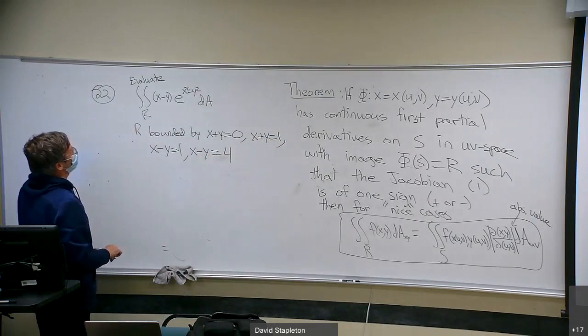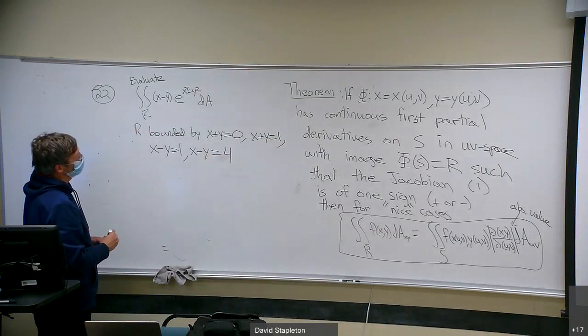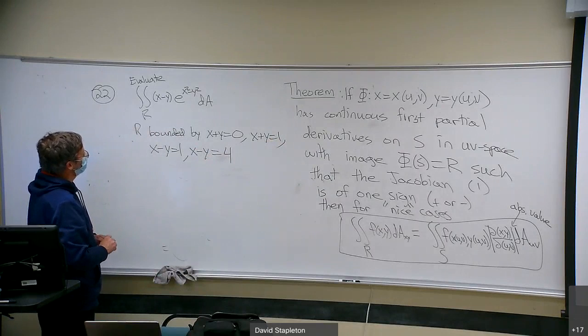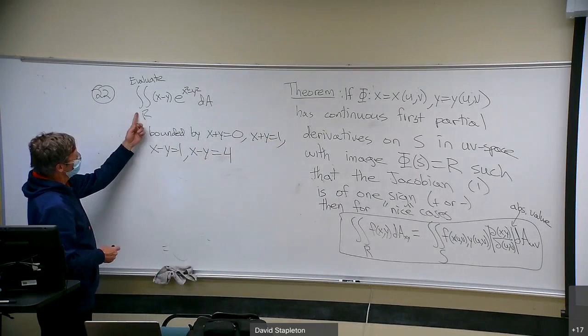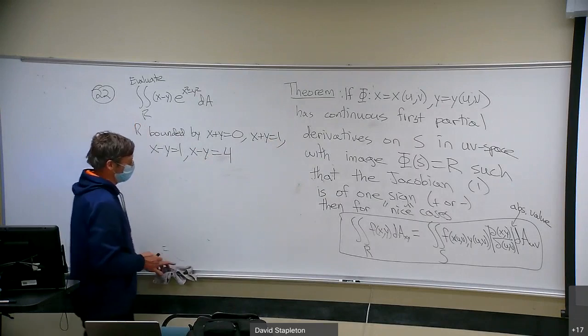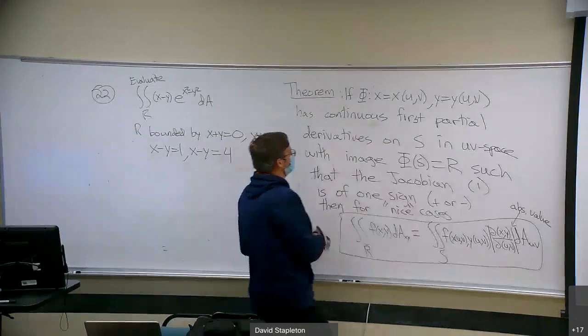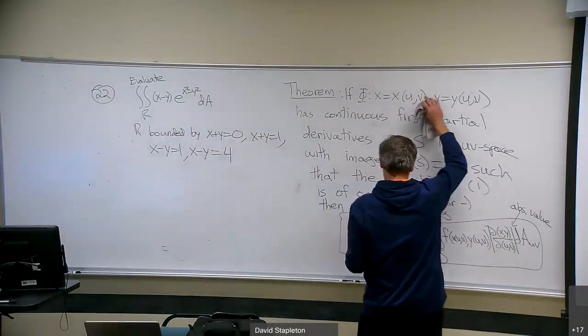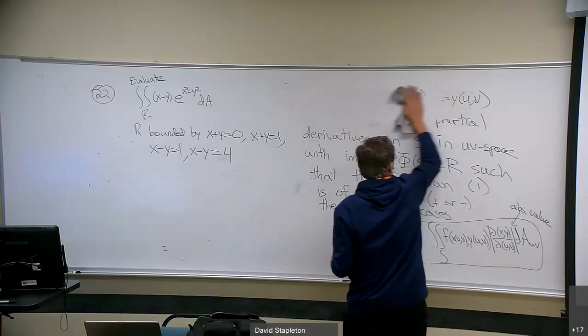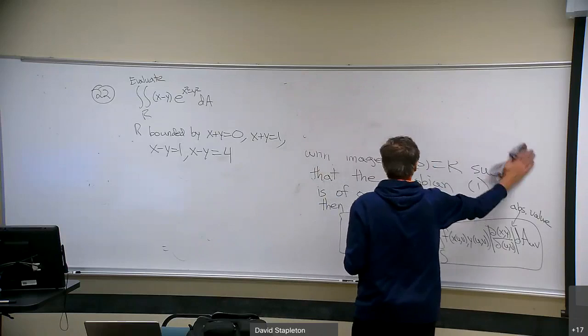I suppose you're interested in evaluating that. This one is actually screaming for a coordinate transformation, if you think about it, because both the integrand and the limit points will be simpler if I just make a simple linear transformation. Using this theorem, let me just leave the conclusion of the theorem down here.